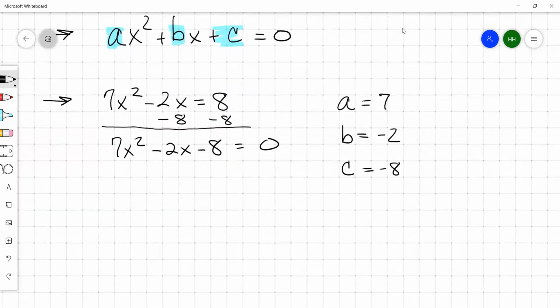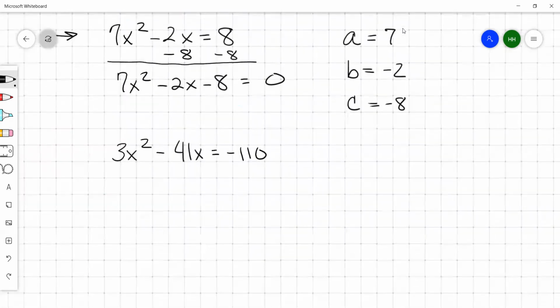Let's look at 3x squared minus 41x equals -110. All right, so in this problem, everything has to be on the left-hand side. So you add 110 to each side.